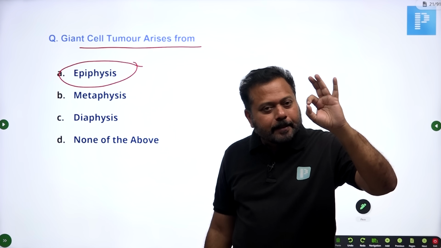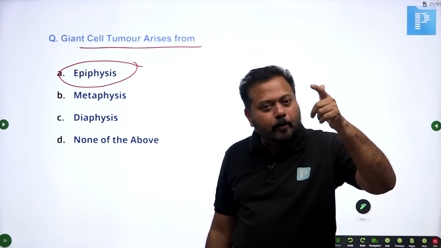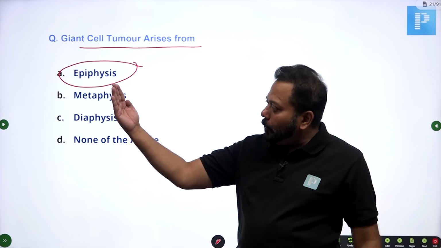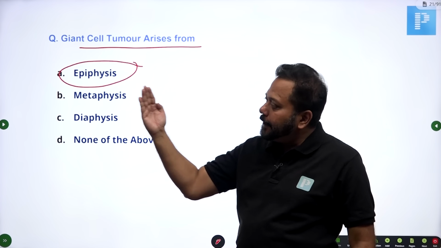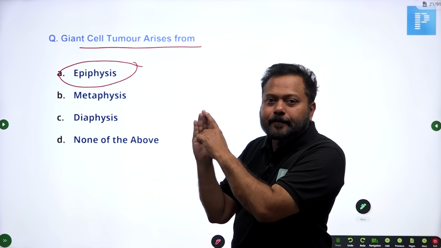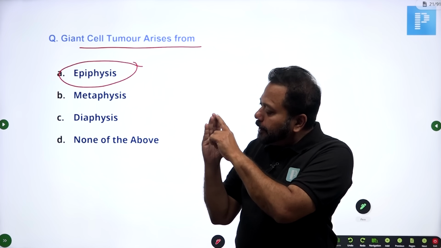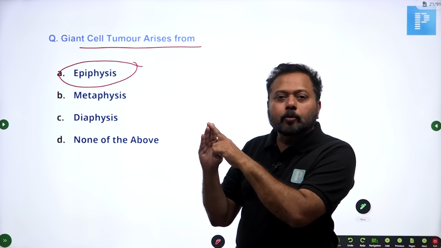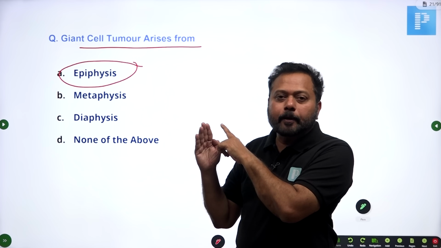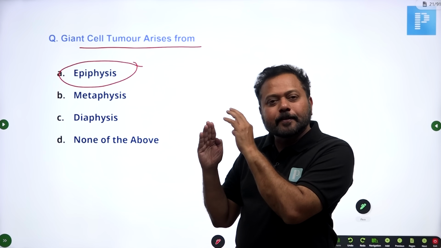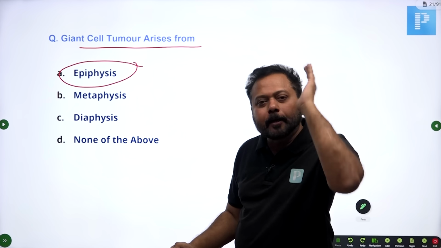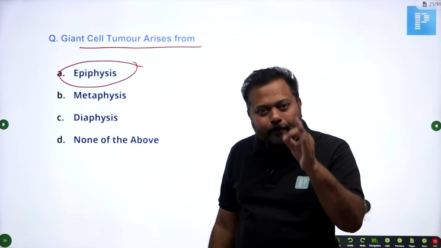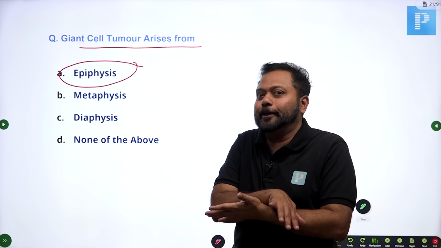When it happens in a child before epiphyseal closure, and you see an X-ray showing an osteolytic lesion in the epiphysis, two things are possible: a chondroblastoma and a giant cell tumor. When the epiphysis is not closed, it should be chondroblastoma. That is why chondroblastoma happens in the epiphysis before epiphyseal closure.